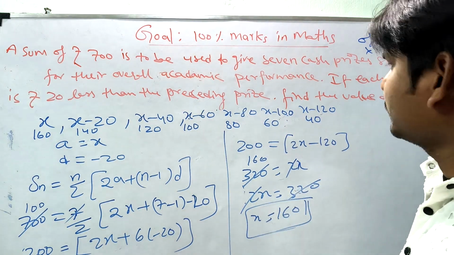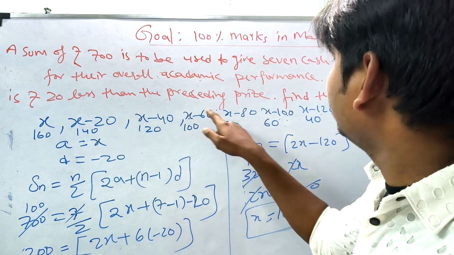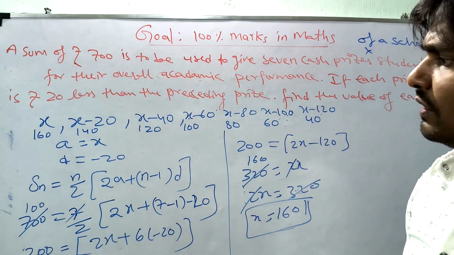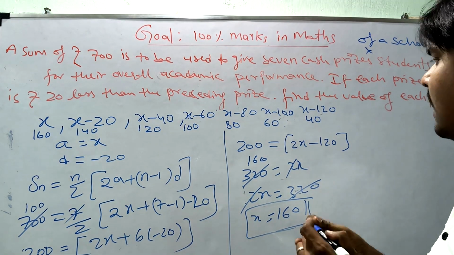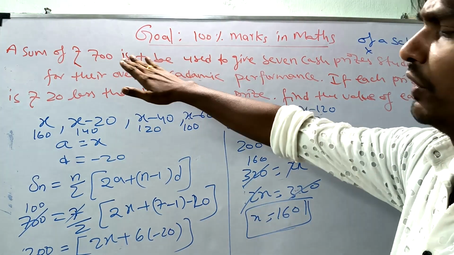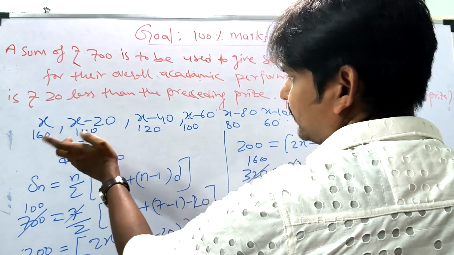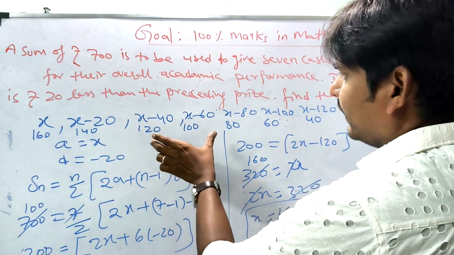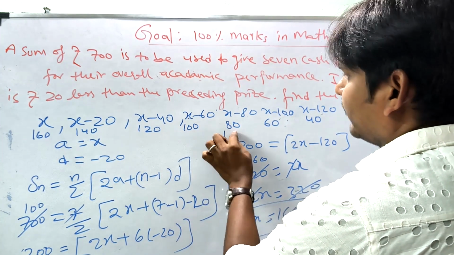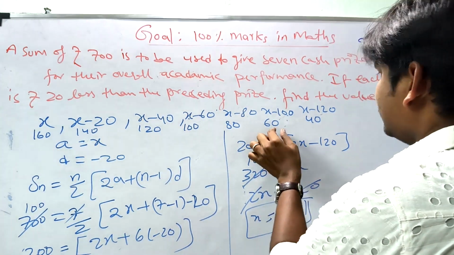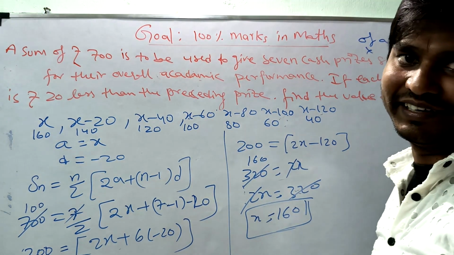Correct? Total number of terms: 1, 2, 3, 4, 5, 6, 7. Done. Now if you add all the values, you will get 700. Then only your answer is correct, otherwise it is wrong. 160 plus 140 is 300, 300 plus 120 is 420, plus 100 is 520, plus 80 is 600, 600 plus 60 is 660, plus 40 is 700.